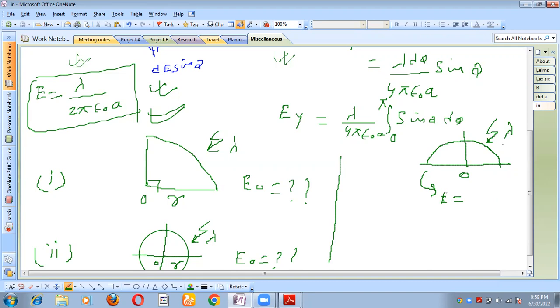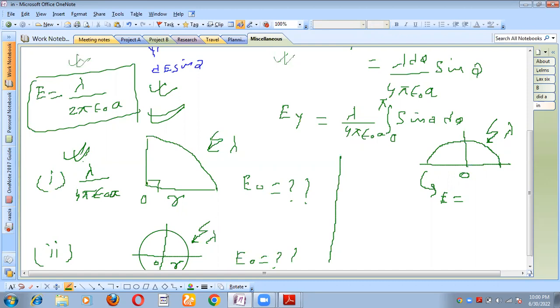Sir, I got the answer for the quarter. I think it's lambda by 4 pi epsilon naught a. Okay, I think you are correct. Lambda by 4 pi epsilon naught a is the correct answer. How did you get it?